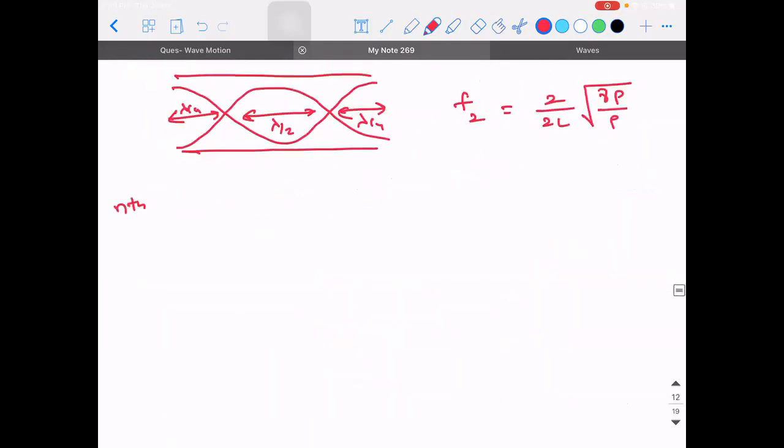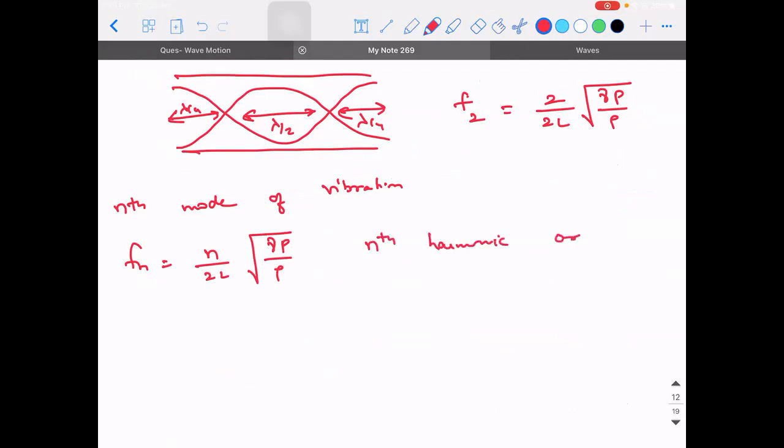So in this case, what will be the nth mode of vibration? Fn will be equal to n divided by 2L into square root of gamma P divided by rho. Correct? So this is called the nth harmonic or n minus 1th overtone.